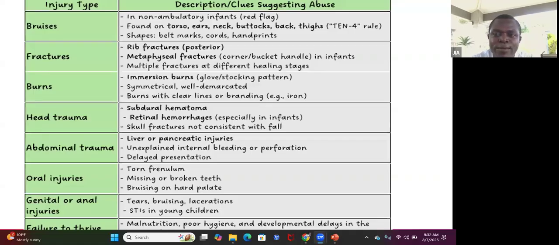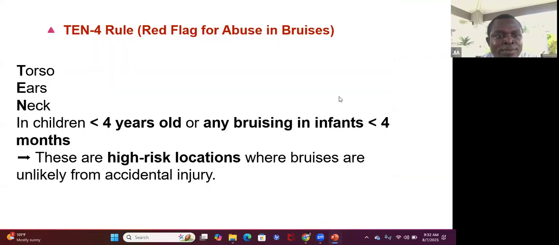Okay, all right. So I think that will be all for now, unless someone has a question. So this is the TEN-4 rule I was talking about. These are just red flags for abuse in bruises. T for torso, E for ear, and N for neck. When you have any bruise around these areas in children less than 4 years old, straight away just suspect abuse.